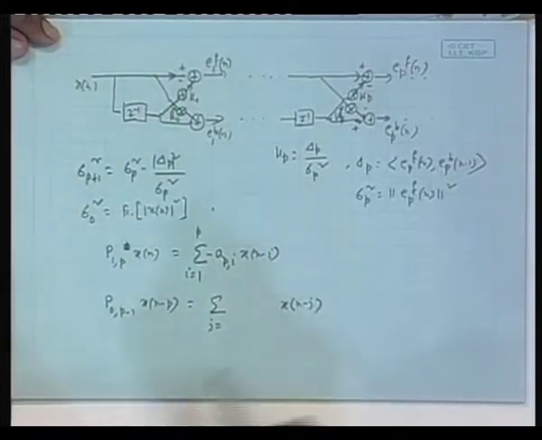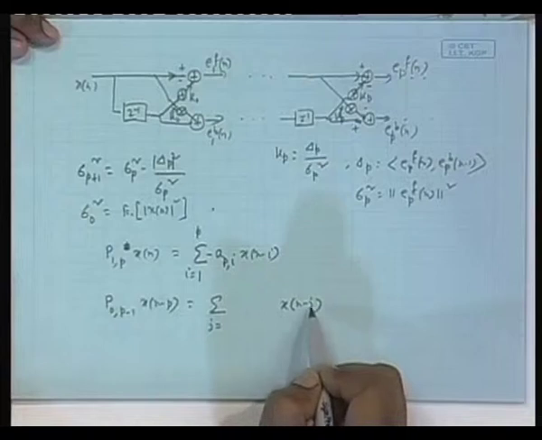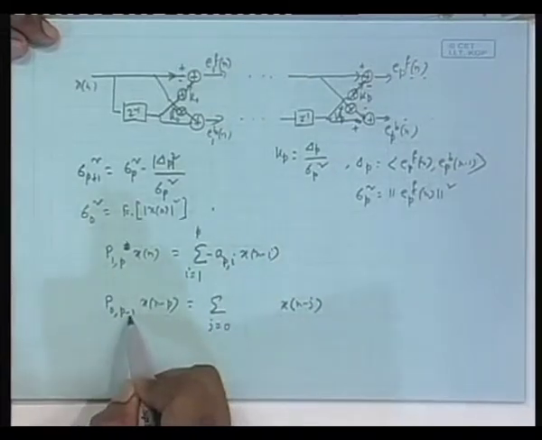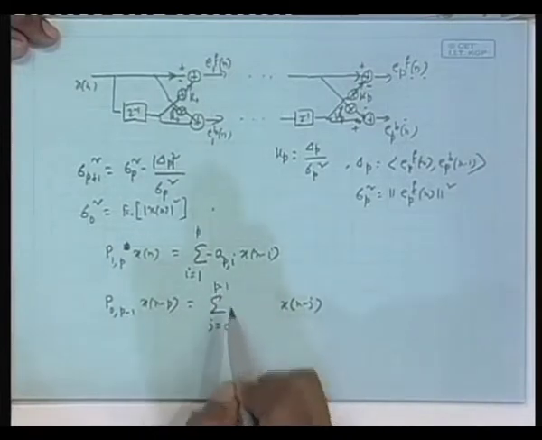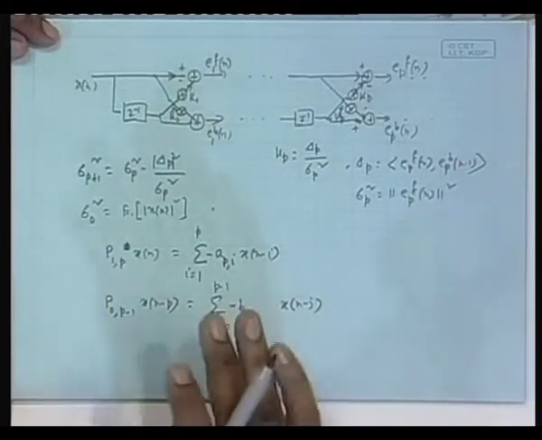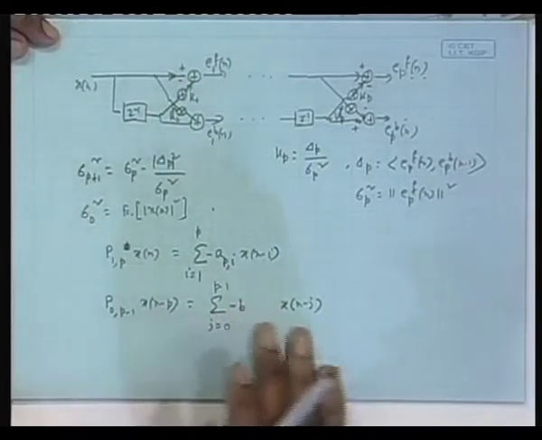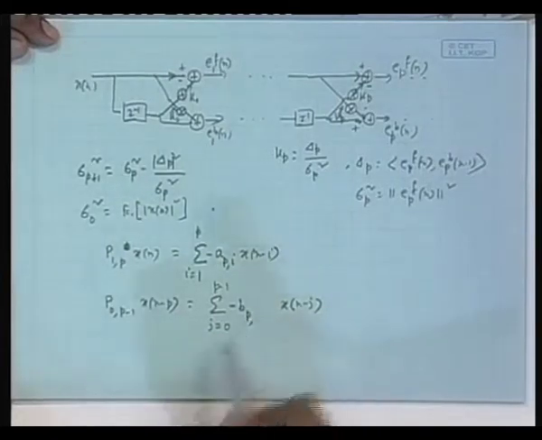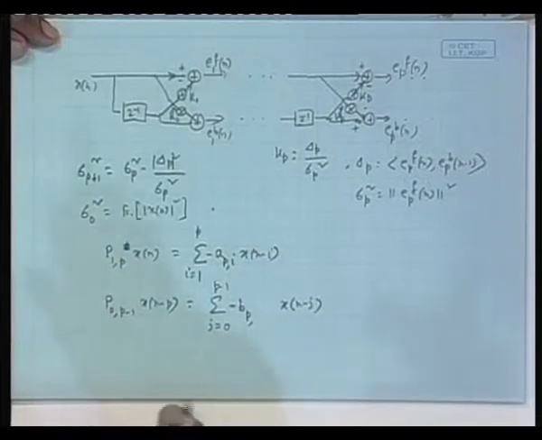Suppose you write x n minus j. So, obviously, j has to go from 0 to p minus 1. A minus sign again I put deliberately. Coefficients I denote by b, but just to conform to the notation that is used, what I will do is, first index will of course be p because it is a pth order prediction.